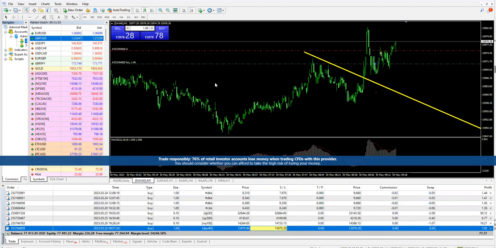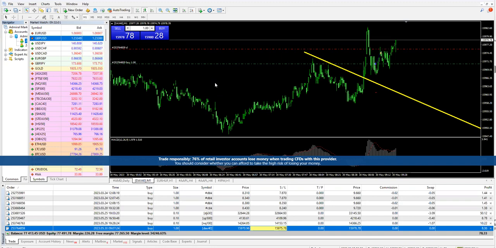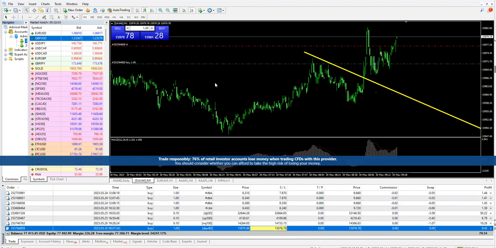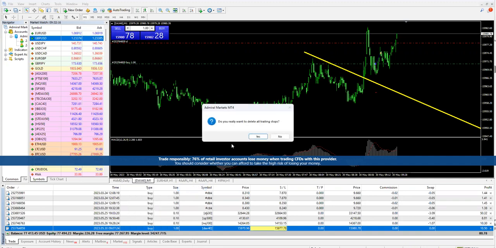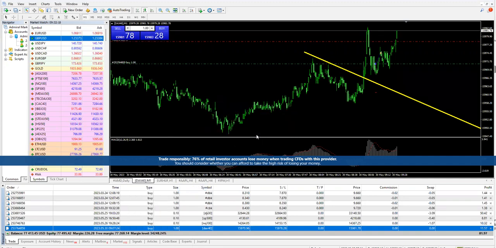Maybe it was a bad idea, but maybe yes. But the trailing stop is very close to this price, and it's not for sure that it's a good idea. But now in 1 or 2 minutes, we will see if the breakout happens or not. I will delete the trailing stop. And let's go for the breakout.